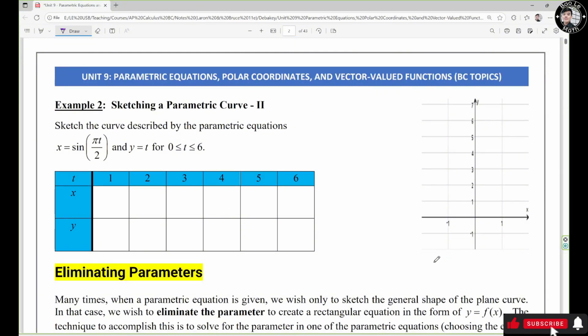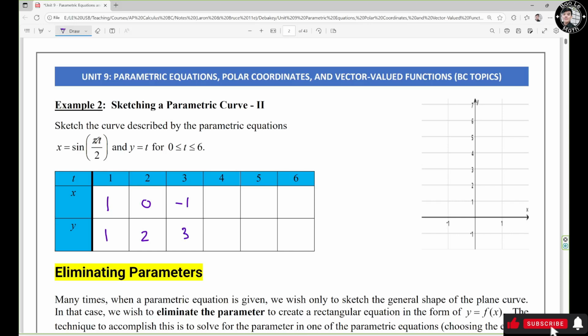Now let's move on to example number 2. We do exactly the same thing as example number 1. T equals 1, substitute over here, you have sine of pi over 2, which is 1, so y is 1. T equals 2, sine of pi is 0, this guy is 2. T equals 3, sine of 3 pi over 2 is -1, this guy is 3.